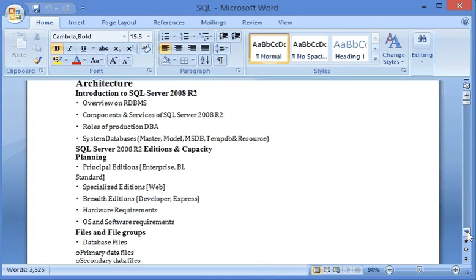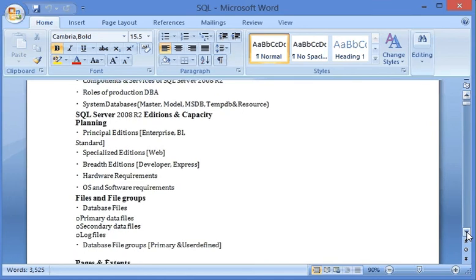I'll also be telling you about the roles and responsibilities of the DBA at the production level. I'll also be telling you about the system databases of SQL Server, like the master database, model database, MSDB database, TempDB and resource database.